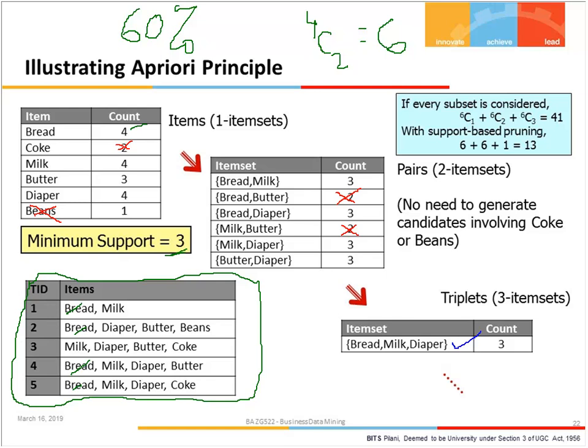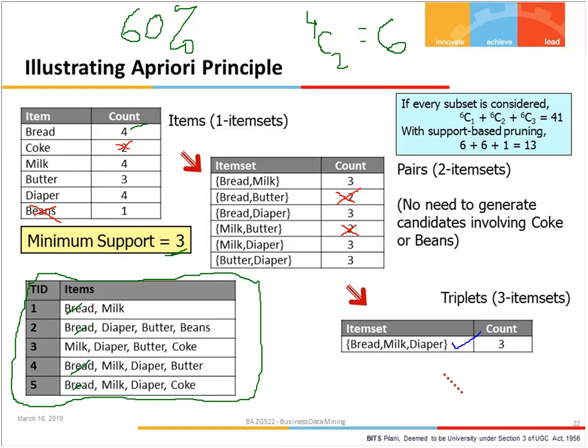Bread milk and butter diaper gives a new one, but the problem is this is a 4-item set. So we will keep it pending.